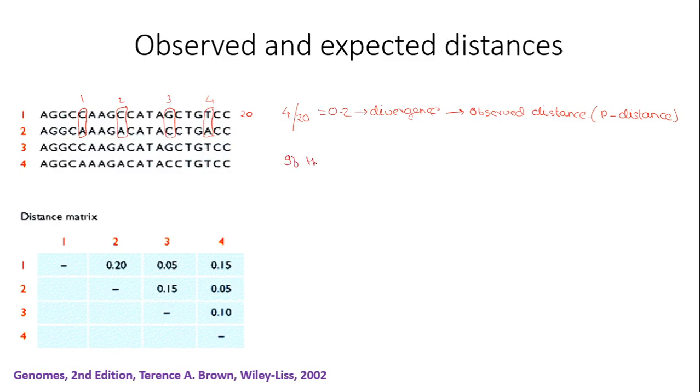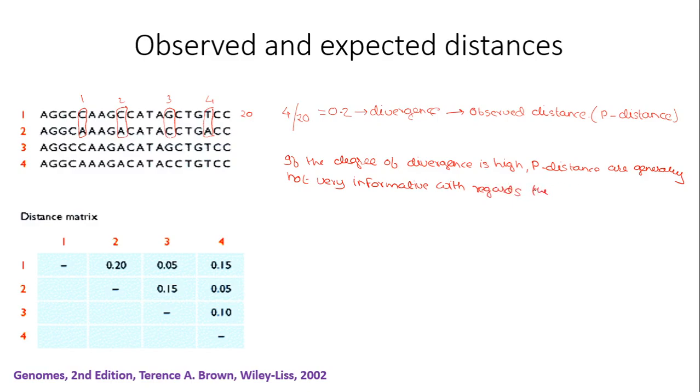If the degree of divergence is high, this p distance is generally not very informative when it comes to the number of substitutions that actually occur during the course of evolution.